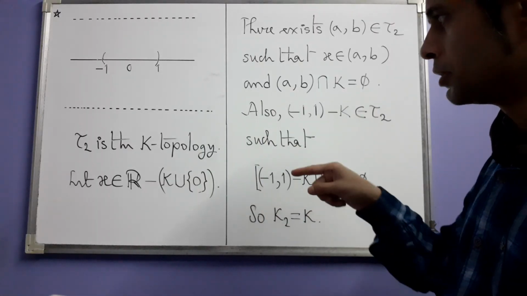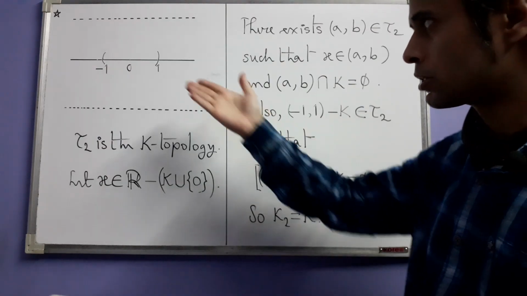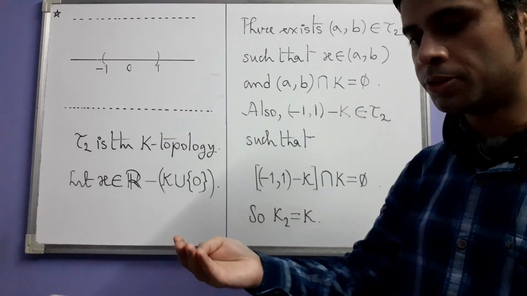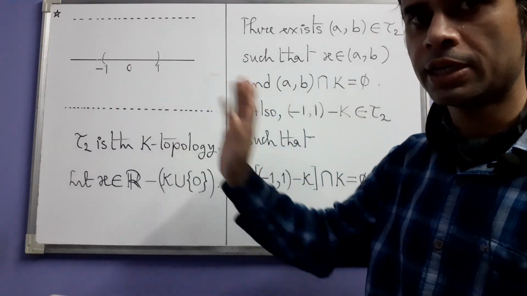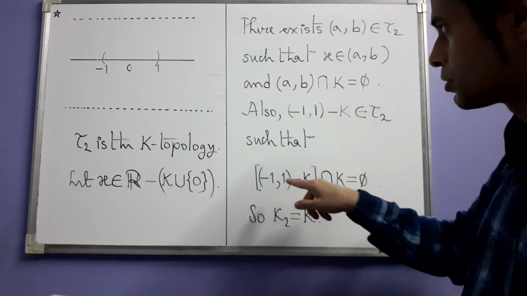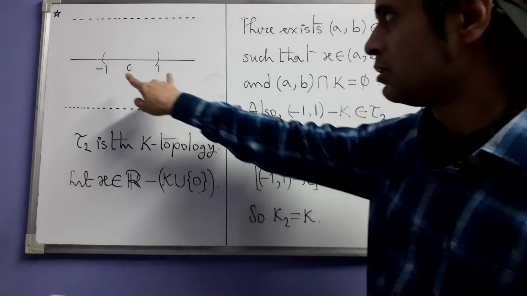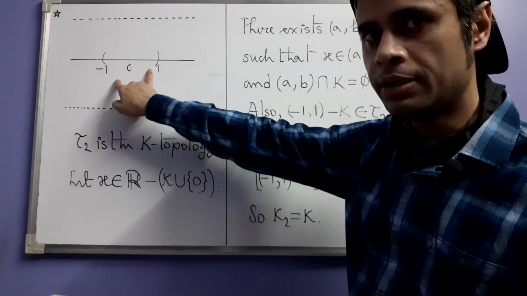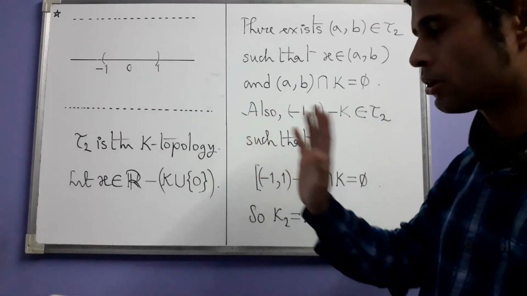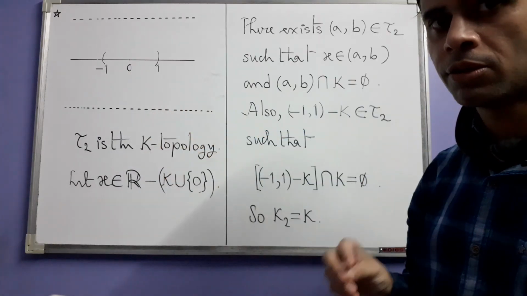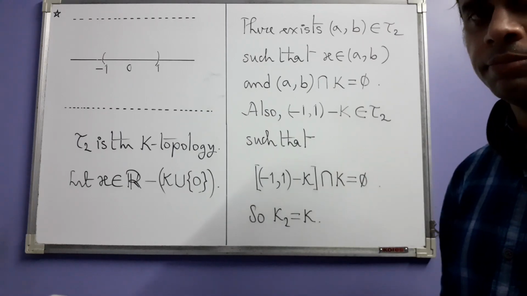Now because we are in the K topology, this is a legitimate basis element which contains 0, of course. If you remove reciprocals of positive integers, 0 is still here, 0 does not get removed. But of course that does not intersect K, and that is why you have found a neighborhood of 0 in the K topology which does not intersect K. So 0 is not going to be a point in the closure of K in this topology. So that's why the closure is only K.